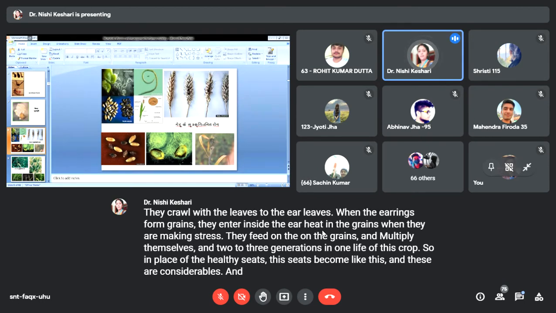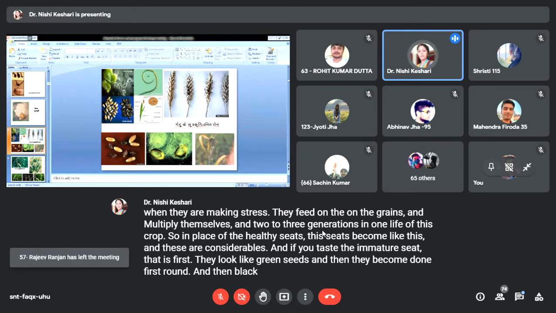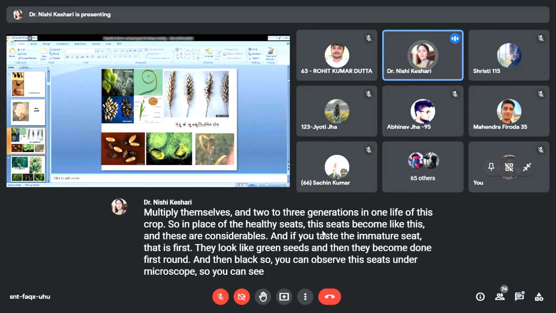And if you tease the immature seed, first they look like green seeds, and then they become dark, first brown and then black. So you can observe these seeds under the microscope. You can see many nematodes inside that seed. Okay.